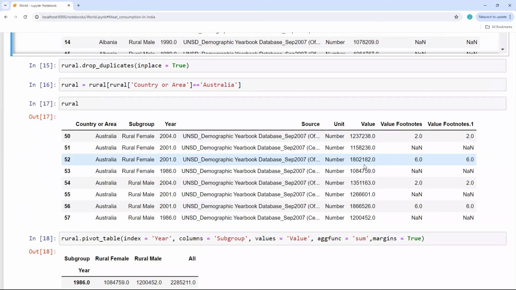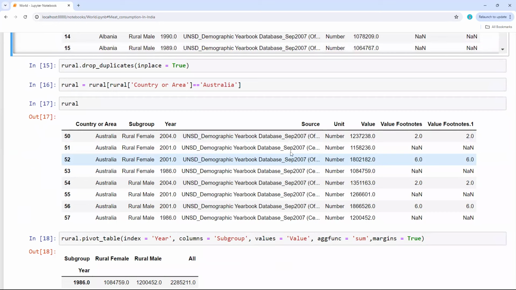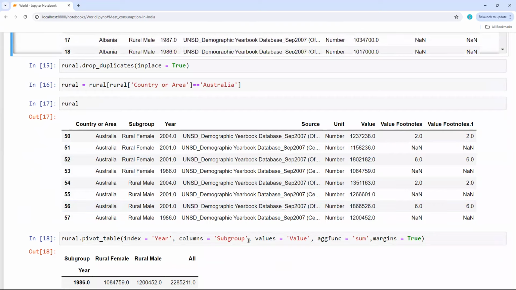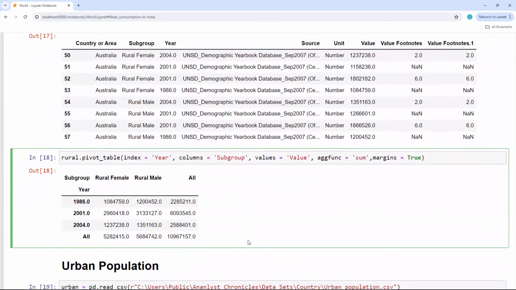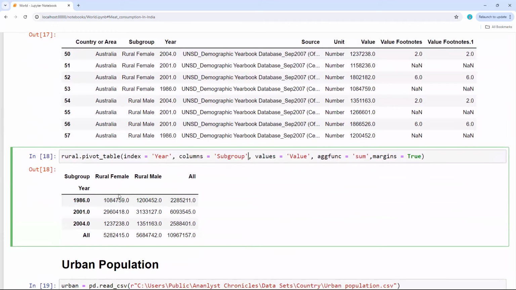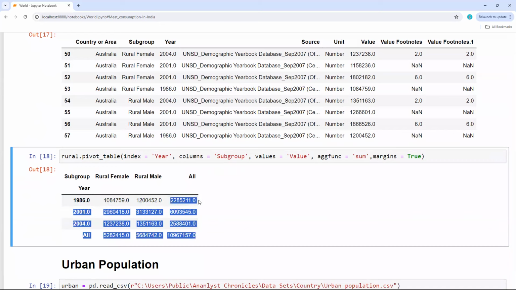So if I take the entire rural population combined, male and female, here you can see the Australian rural population year on year. For 1986, it is around 1 million, which is 10 lakhs 84,000 female, and the male population is a little higher. It is 1.2 million, and the combined population is 2.2 million as of 1986.